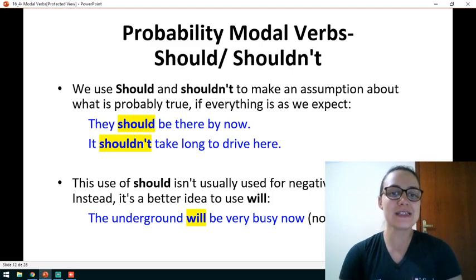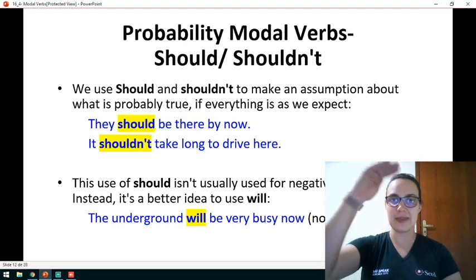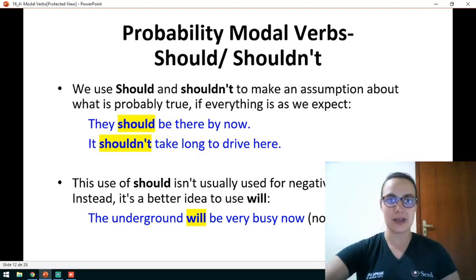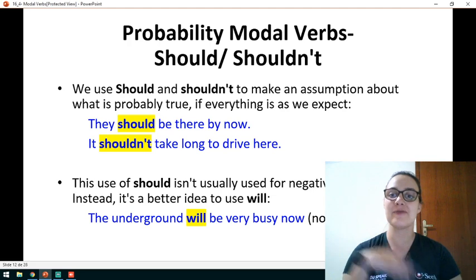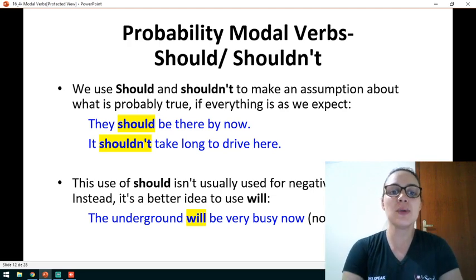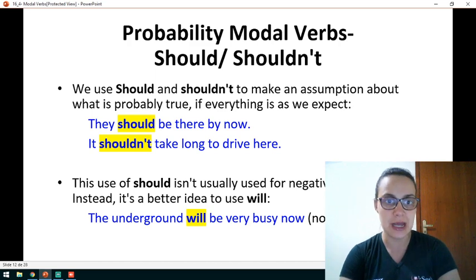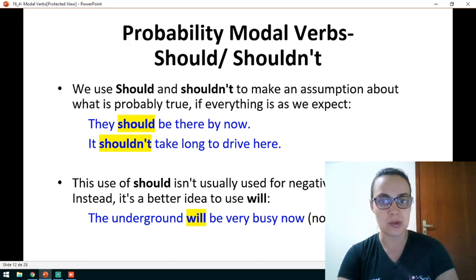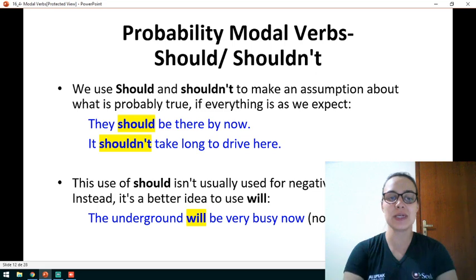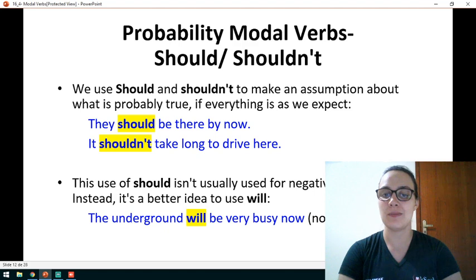All right, so let's look here using should and shouldn't. We saw should on the scale of probability, and the negative form is shouldn't. We can use should and shouldn't to make an assumption about what is probably true, if everything is as we expect. For example, they should be there by now.